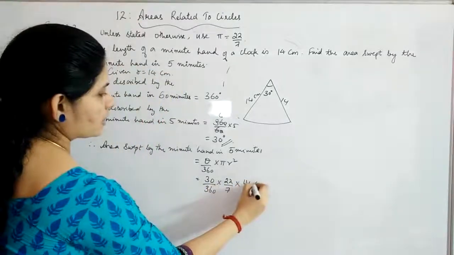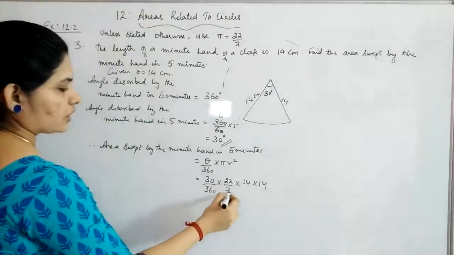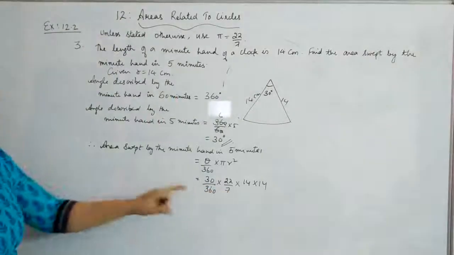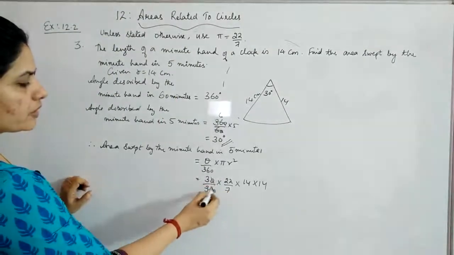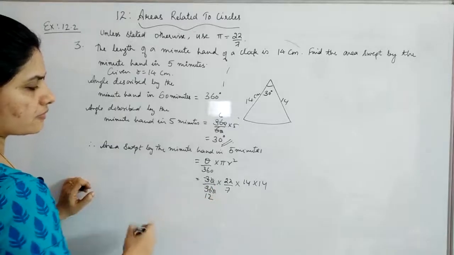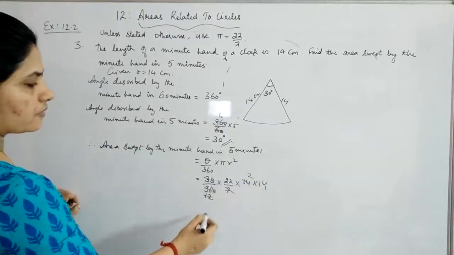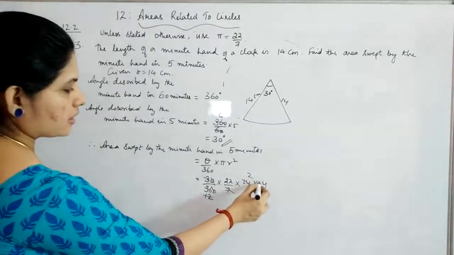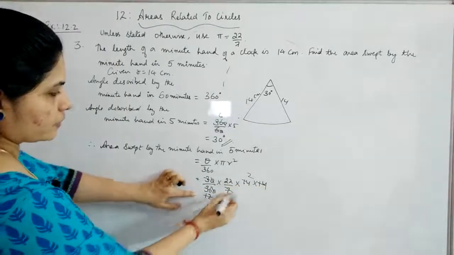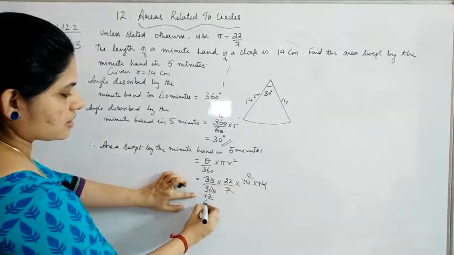So you'll have 14 into 14. So here how much you are getting, just see. This will go. Here you are getting 12. Then this is 2. Now again with 2 cancelling, from 2 you will get here 6.